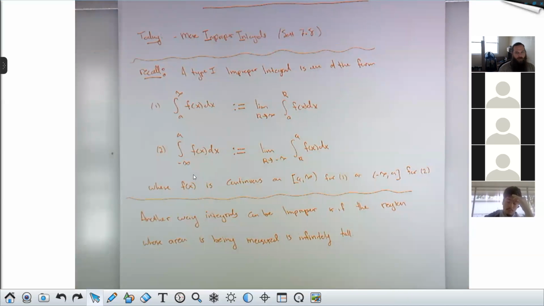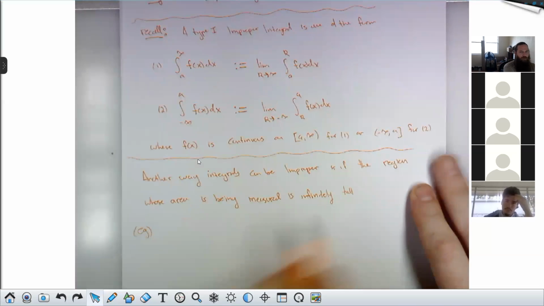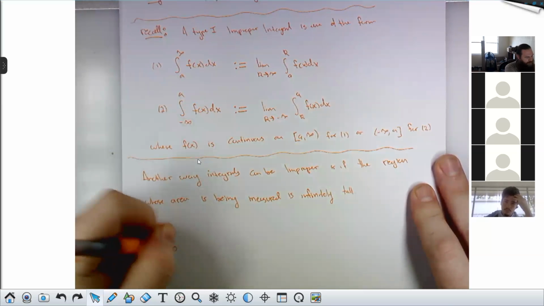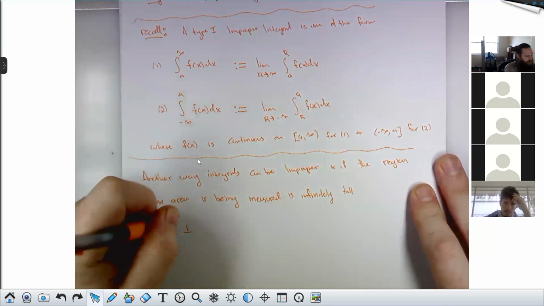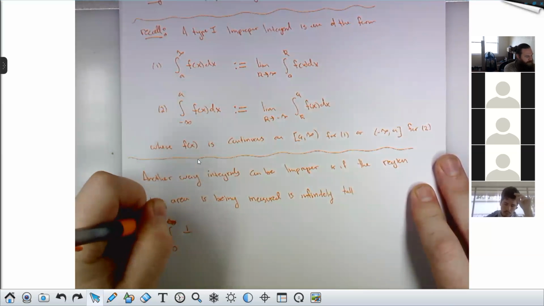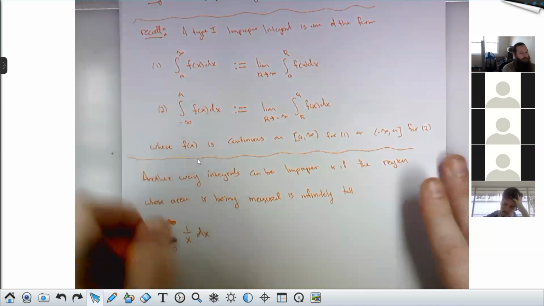So what we want to look at today is type 2 improper integrals. An intro example, a place where the integral is improper because the region is infinitely tall, would be the integral from 0 to 1 of 1 over x dx.